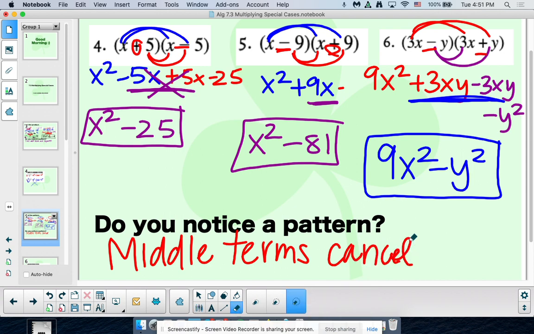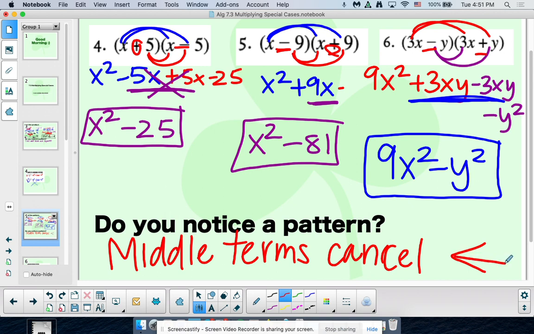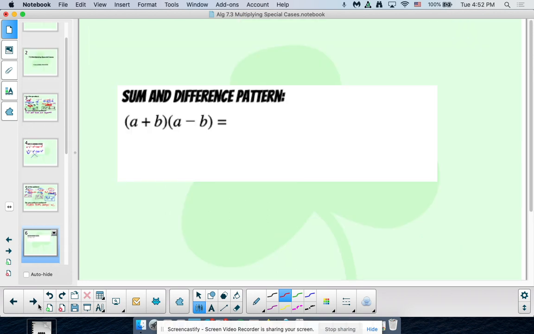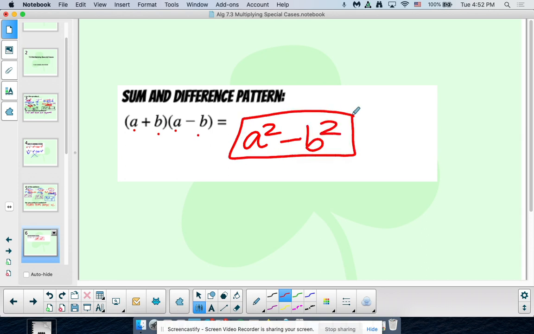So you square the first number and you multiply the second number, right? But the big thing here is that our middle terms cancel. So if you wanted to write that as a pattern, a times a is a squared, b times negative b is negative b squared. Done.